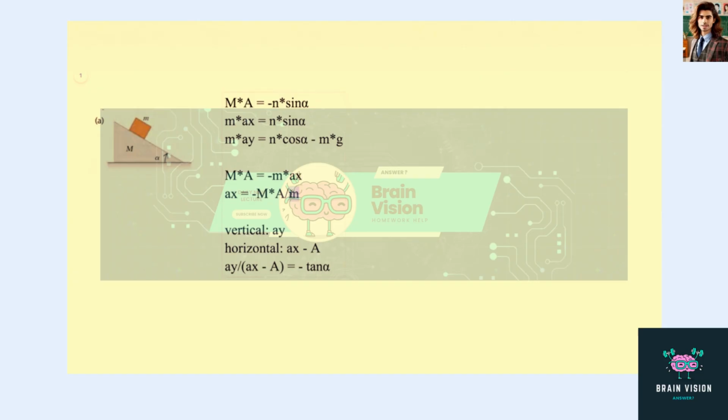So let's use, for example, this equation here, our ax equals this here, to find n, since we don't care about solving for little n, we want to get rid of it. We want to find ax and ay. So let's start with this second equation over here.